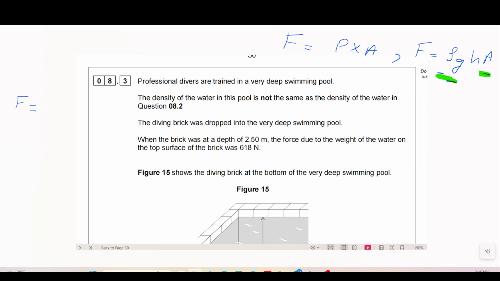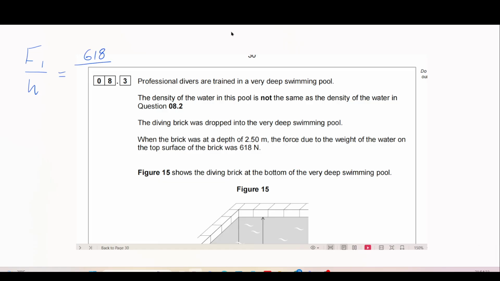We need to find force per meter of depth. So let me erase this. So force over height. Force is 618 and height is 2.50, right? Force over height.